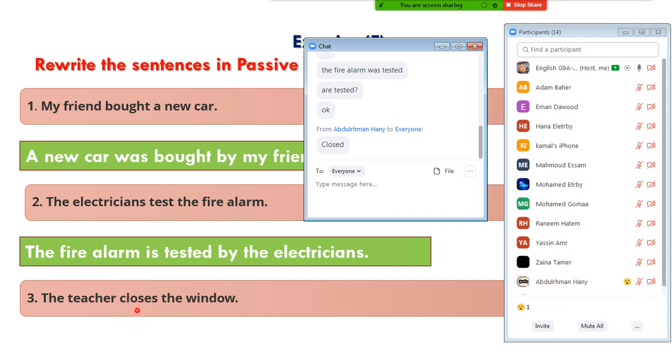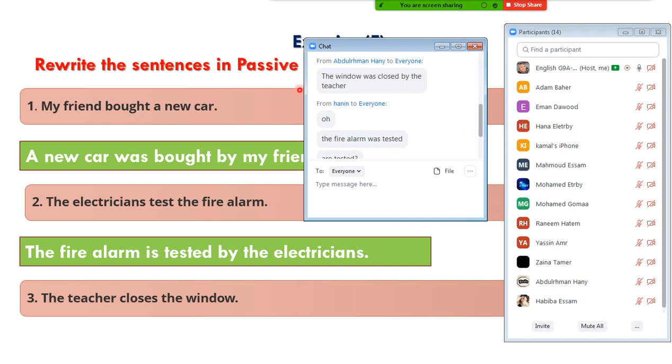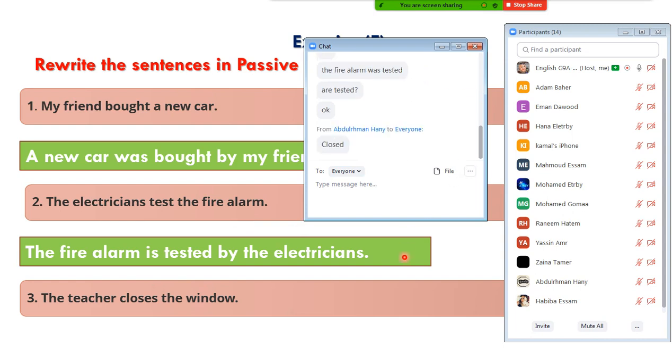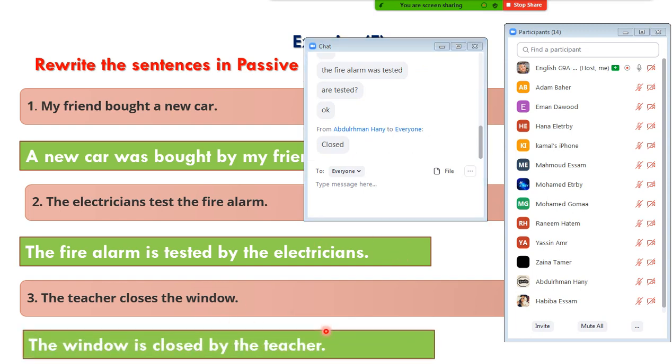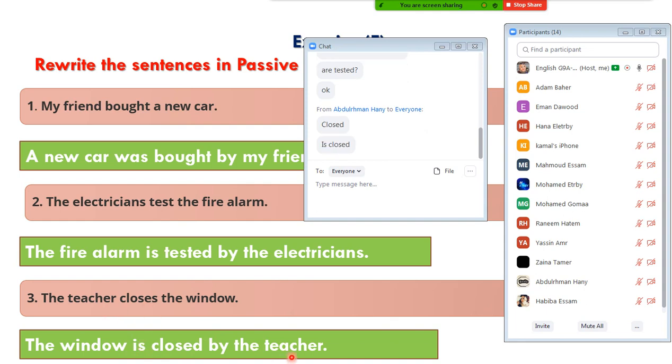So the tense here is the present, so the verb to be should be in the present too: is, am, or are. You wrote the sentence correctly, but the form is wrong regarding the active one. It's not supposed to be was closed. It's supposed to be is closed, not was, because the main tense here is the present.